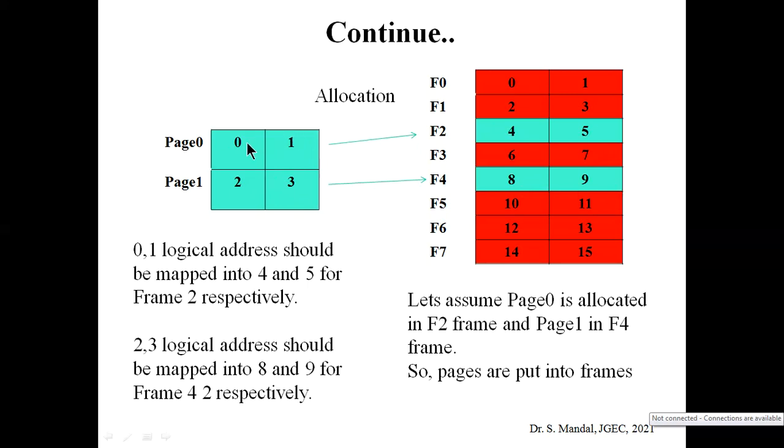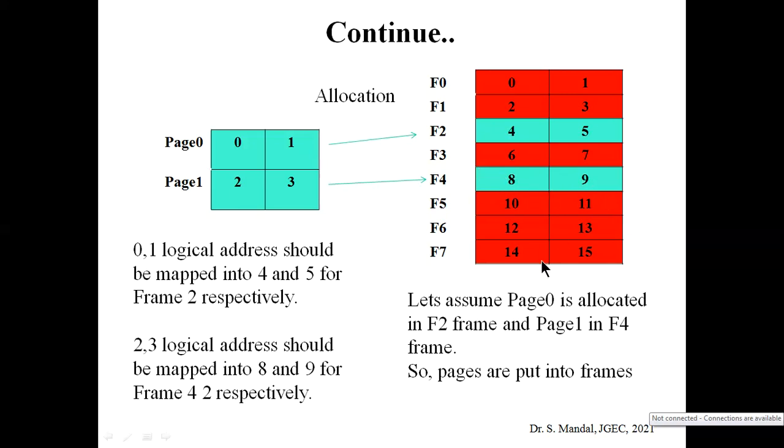If page 0 is allocated to frame 2, then logical address 0 corresponds to physical address 4, and logical address 1 corresponds to physical address 5. That means there should be some kind of mapping technique. Similarly, logical addresses 2 and 3 of page 1 should be mapped into 8 and 9 for frame 4. You can see that for frame 4 the memory addresses are 8 and 9, so 2 and 3 should correspond to 8 and 9.